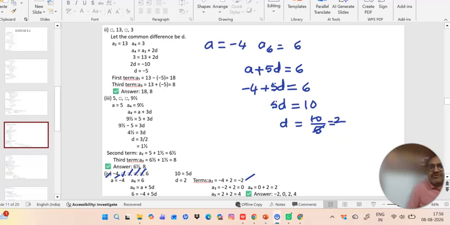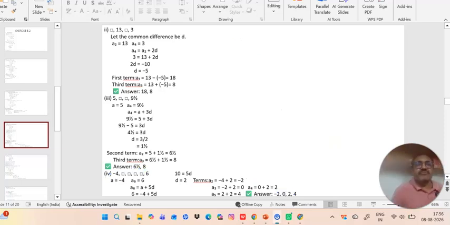Because d is equal to 2. Minus 2 plus 2 is 0, a4 is 0 plus 2, 2, next a5, next term, 2 plus 2, 4. So the 4 middle terms are minus 2, 0, 2, 4.